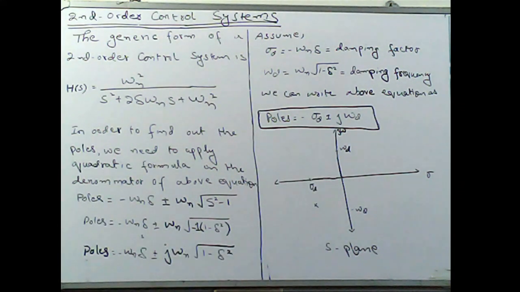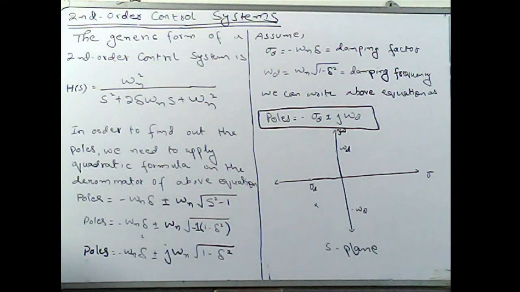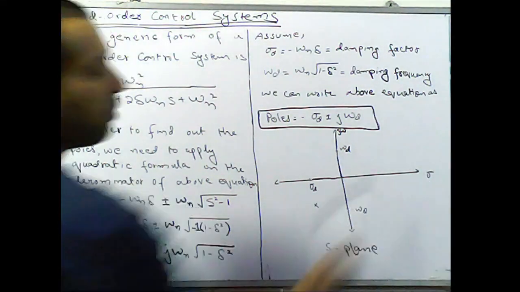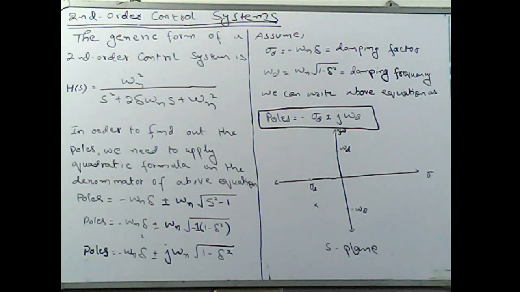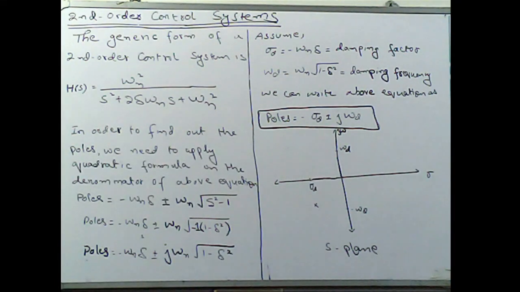How do we do that? First of all, let us assume that this is our x-axis, which we are representing by a term sigma, and this is our imaginary axis, which we are naming as j omega. Now sigma d here is any negative real number, and then we have omega d, which is an imaginary number.